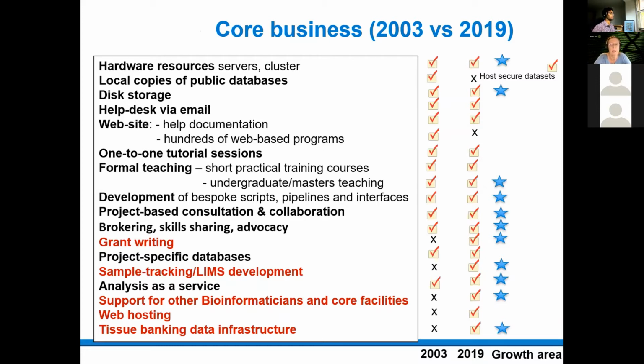I looked at the areas of work that were outlined in 2003, being used by many core facilities. And then I went through them and I added how things have changed in 2019. So some areas have stopped being particularly important to bioinformatics facilities, or certainly the ones that I was familiar with.